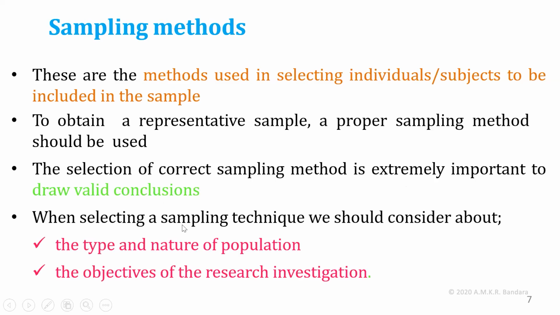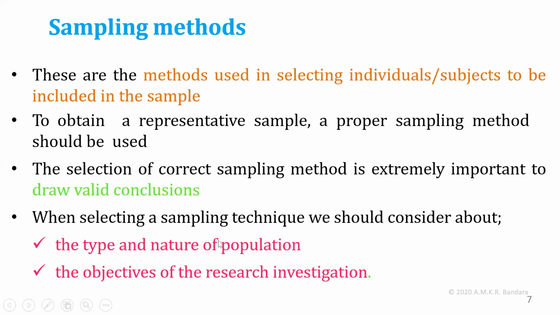When selecting a sample, we have to consider two things. One thing is the type and nature of the population. The other thing is the objective of the study. If the population is homogeneous, we can use one sampling method.